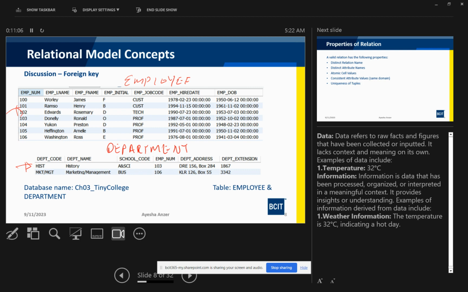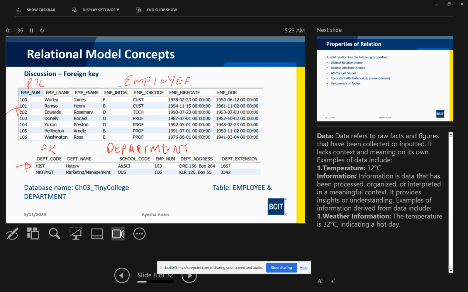So in order to link these two tables, we need to have a foreign key. Here we have primary key employee number, and department code is also a primary key, which means those two will identify each of the records in these two entities uniquely. So in order to link them together, we need to have a foreign key. To create a relationship between employee and department, we need a foreign key.